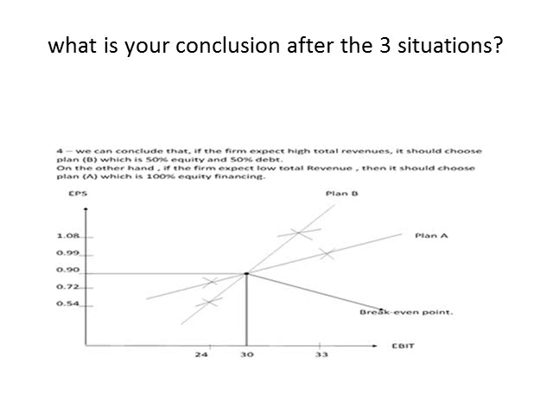In the third situation, in which we have $80,000 as total revenues, it's better for the company to choose Plan A because it gives higher earning per share, and Plan A depends 100% on equity. Thank you.